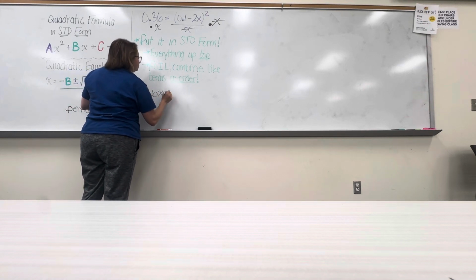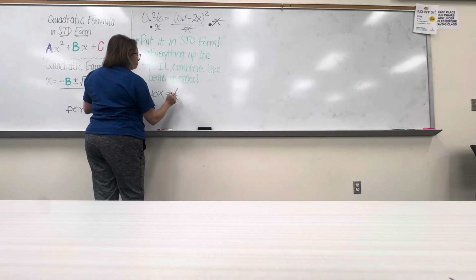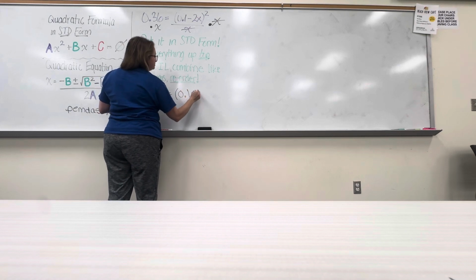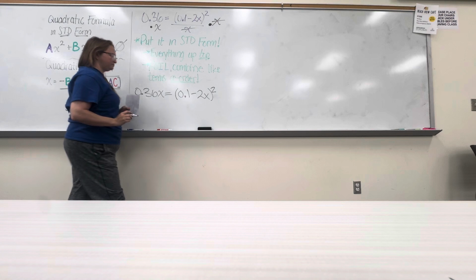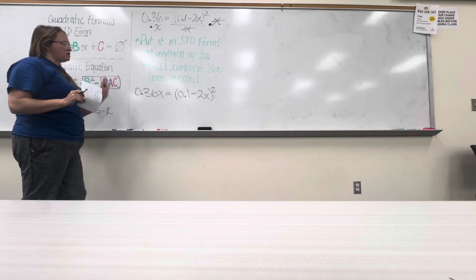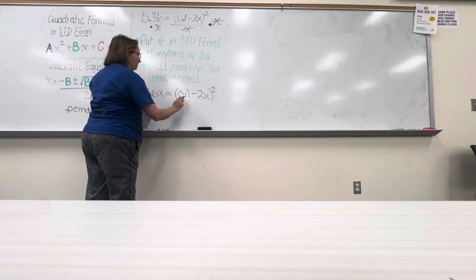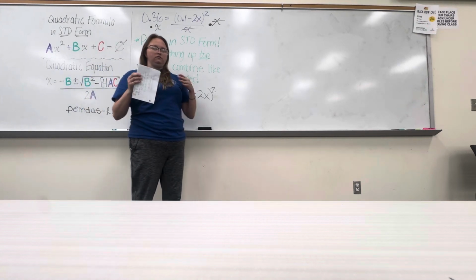0.36x equals your values up top. The quantity 0.1 minus 2x, all squared. All right, now we want to expand this, and to expand it, we're going to do something called FOIL, which is the distributive property.